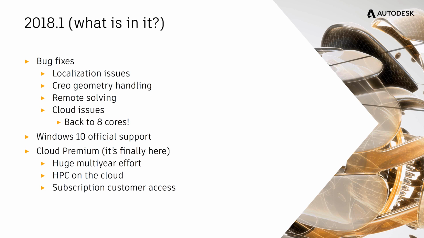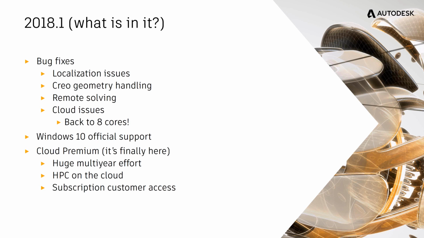Once we were notified, it did take a client update, so we had to wait until we could do a client update, which means a point release. And we're back up to 8 cores, so anybody who's been waiting and thought they saw some slowdowns on the cloud, you're right, and we fixed it. We had to change some code in order to be able to detect the right number of cores and utilize everything that we're actually paying for on the back end. So everybody's back up to 8 cores, which is phenomenal.